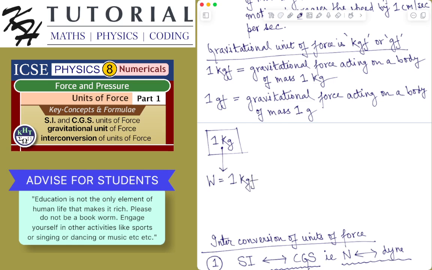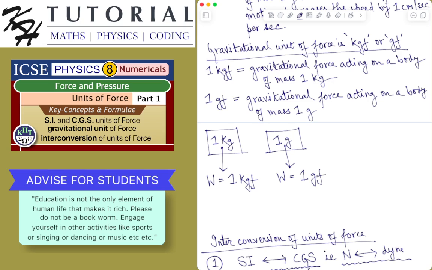This weight W is nothing but the gravitational force acting on this body of 1 kilogram, which is 1 kgf. Similarly, the weight of a body of mass 1 gram is 1 gf, and the weight of a body of mass 1 kilogram is 1 kgf.